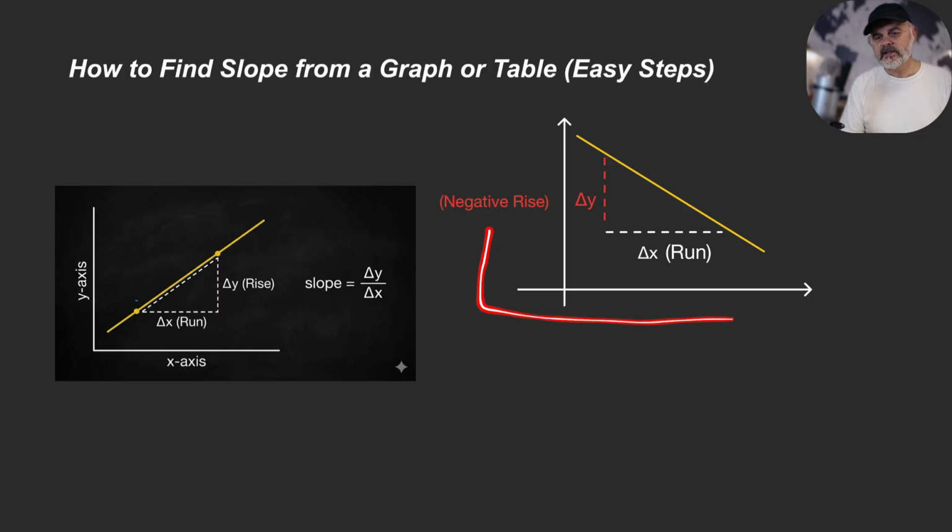Sometimes you will see a situation where the line looks like this. As you remember, we always measure the process or observe the pattern as you scan left to right. So the horizontal change is always run. Simple, okay. Moving away from the origin to the right, boom.